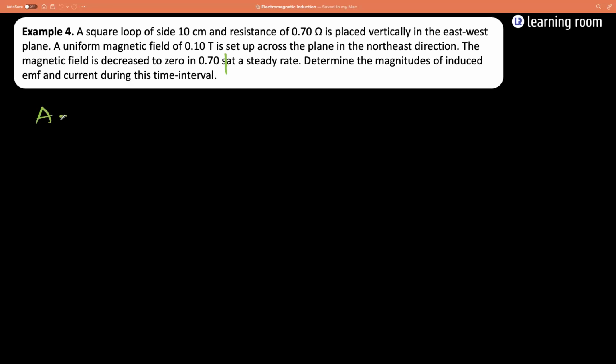So area is going to be 100 into 10 power minus 4 meter square. Resistance is going to be 0.7 ohm. Magnetic field is going to be 0.1 Tesla.